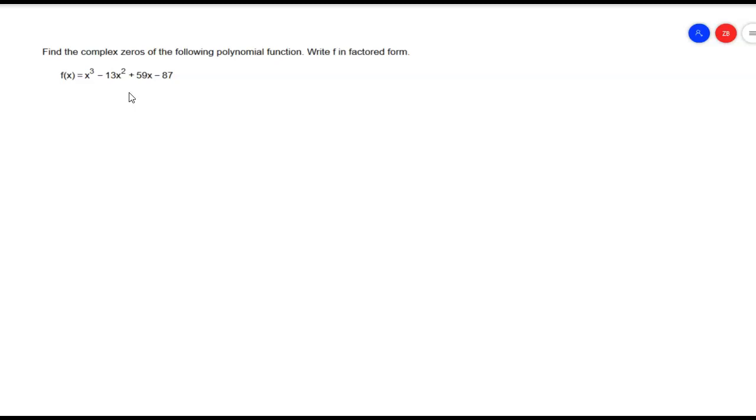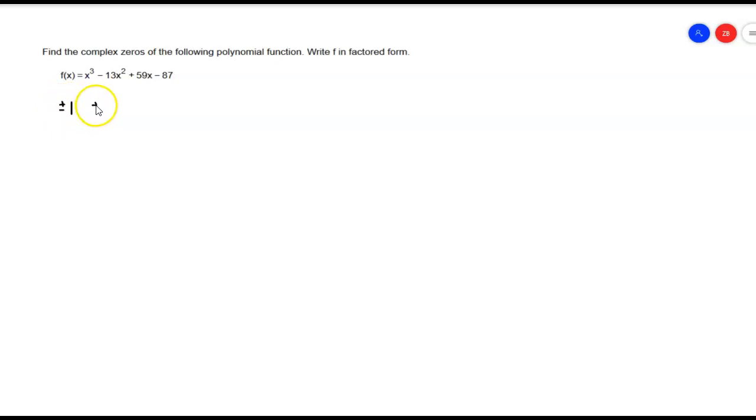So I'm going to go ahead and try to look for a rational zero, a real rational zero first using the rational zero theorem. And we've done this before, so in order to do that, I'm going to look at all the factors of 87. This is both positive and negative. So I'm going to have plus or minus 1.